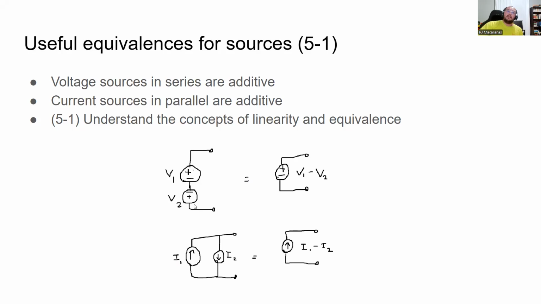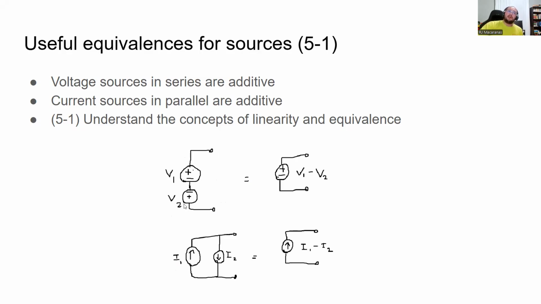If I were walking from this bottom node up, V2 is coming out of the negative, and going through V1, it's coming out of the positive. And so we can replace that with a single voltage source by just adding them up. In this case, I'm considering V1 to be positive, and V2, since it's hooked up in the opposite polarity, to be negative.